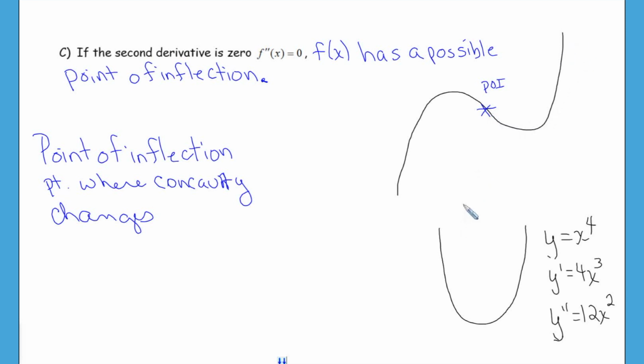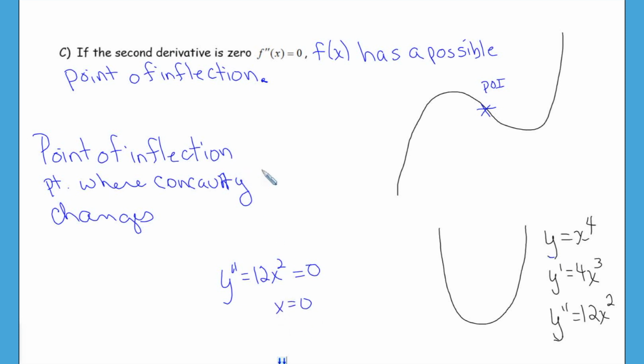The reason we say we have a possible point of inflection is because if you take the graph x to the 4th and you take the derivative twice, and you take that second derivative of 12x squared and you set that equal to 0, then you would get x equals 0, right?